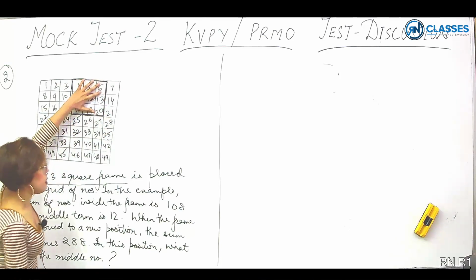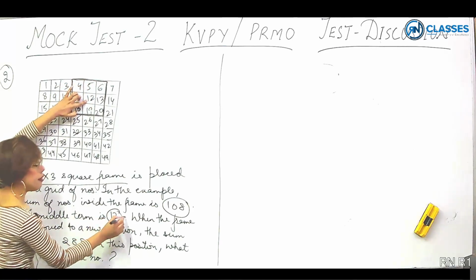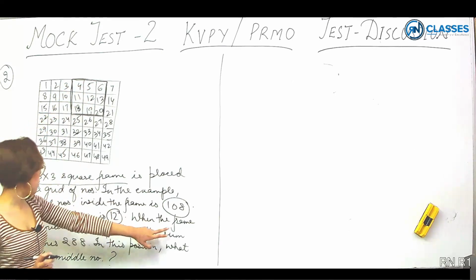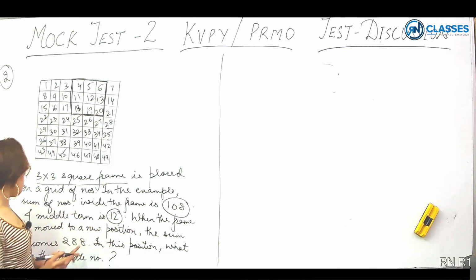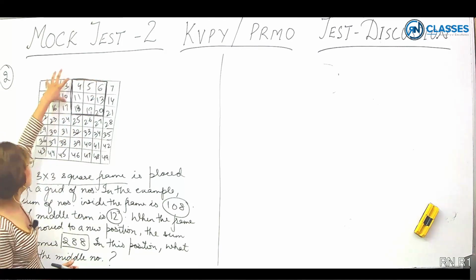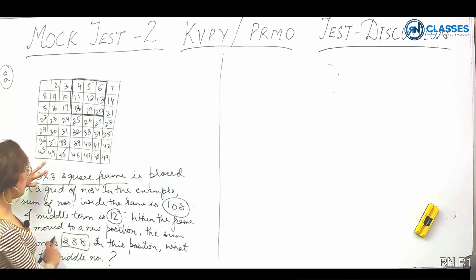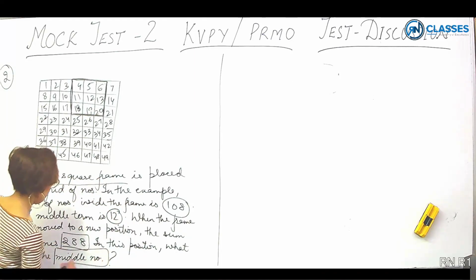And the sum of these numbers is given to be 108. And the middle term, as you can see, that is 12. Now he says when the frame is moved to a new position, the sum becomes 288. Right? So if I shift this somewhere else, the sum of the numbers is given to be 288. In this position, what is the middle number?